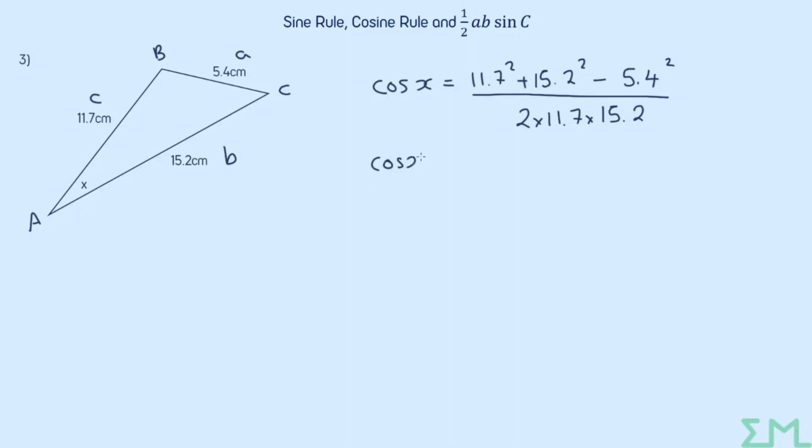Okay, so I am going to write down what cos x equals before I then do inverse cos to get my answer. So that comes out as 0.9524, etc. And then inverse cos, and that gets us 17.7 degrees to 3 significant figures.